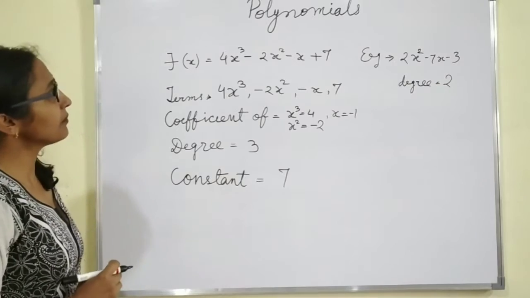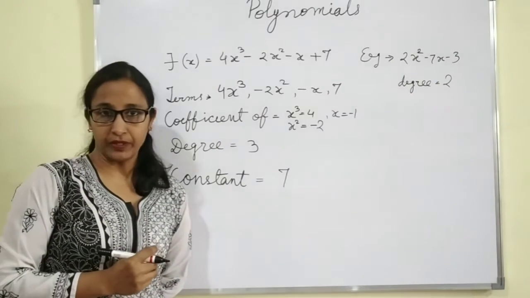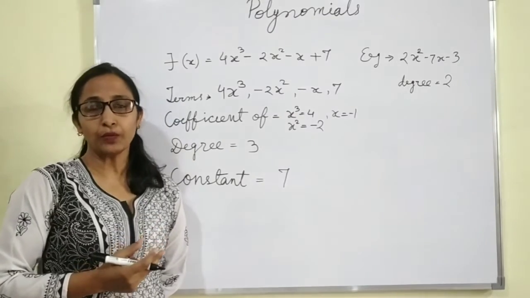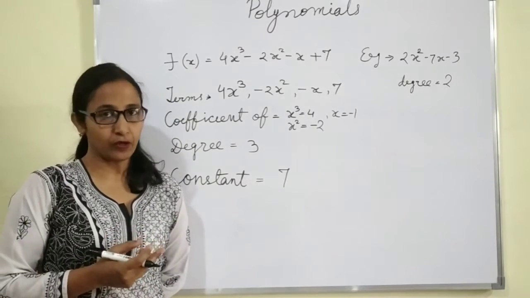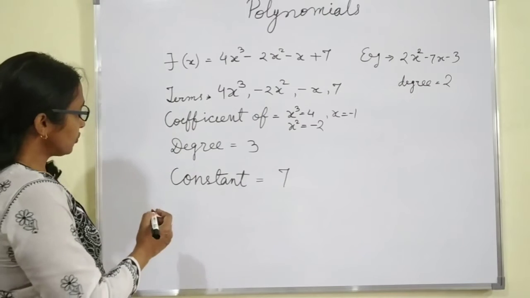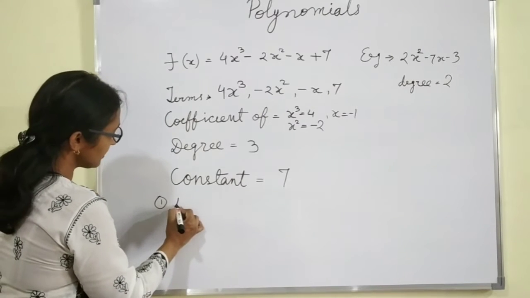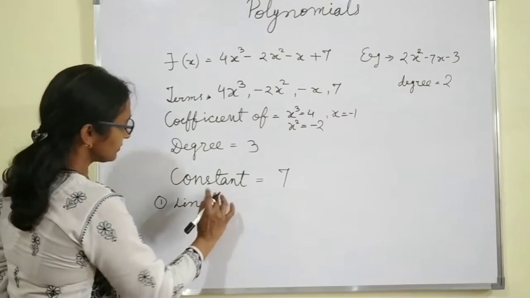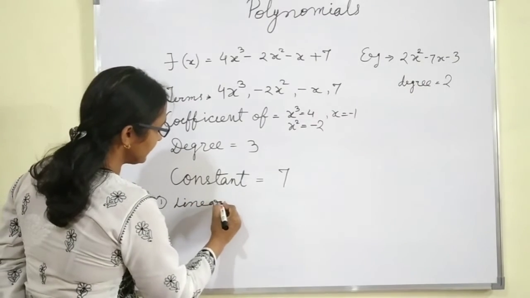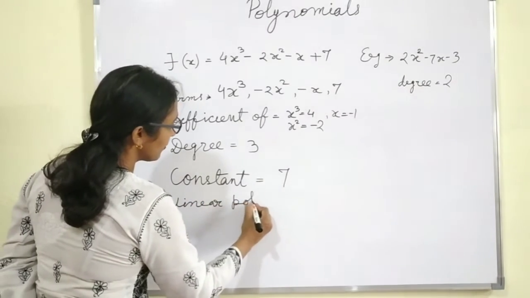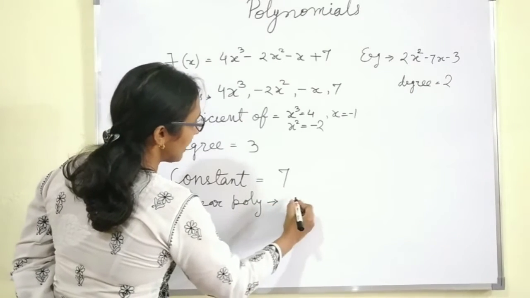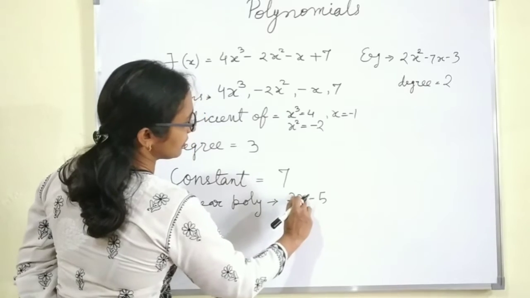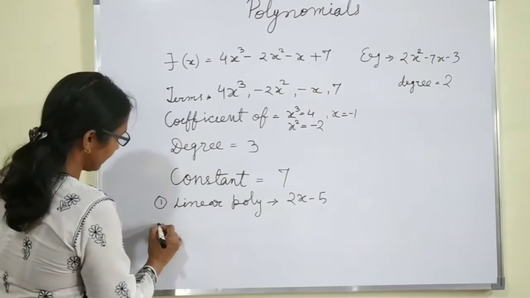Now there are many types of polynomials, means linear polynomial, quadratic polynomial, cubic polynomial and biquadratic polynomial. So the first one is linear polynomial, where the highest degree is 1.